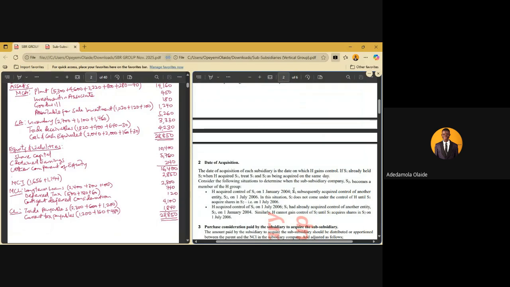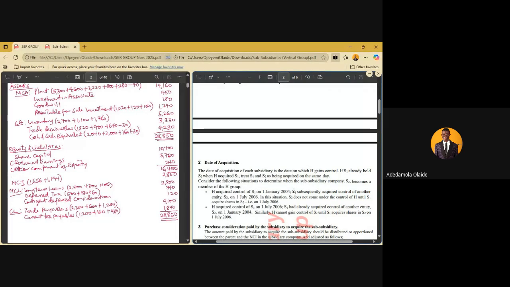1st January 2016. The third scenario is where A has acquired B on 1st January 2016, but B has already acquired C since, let's say, 1st January 2012.